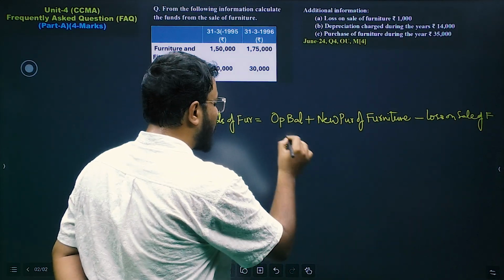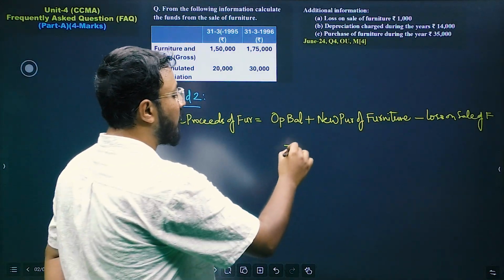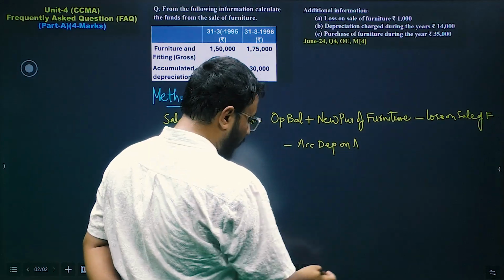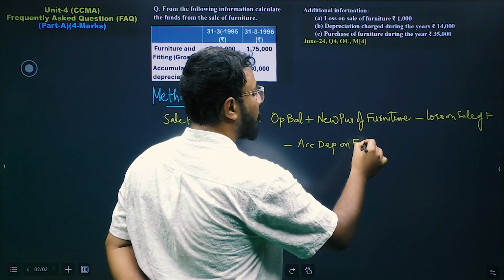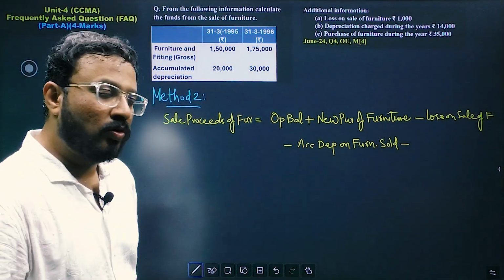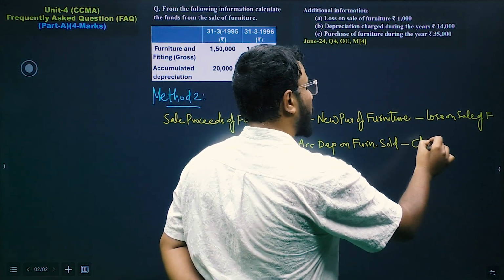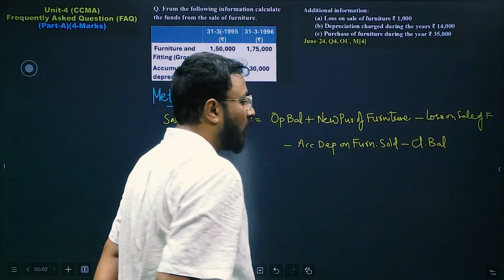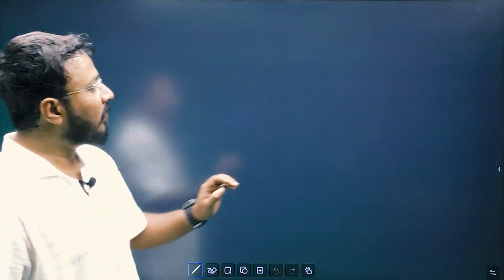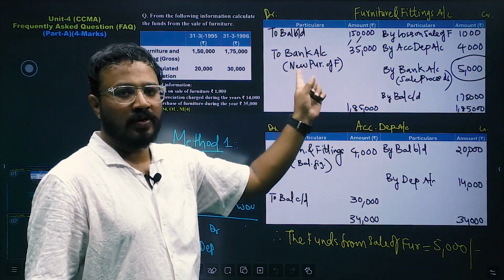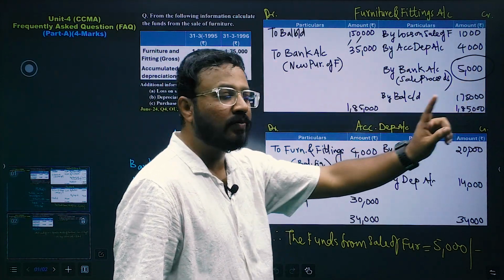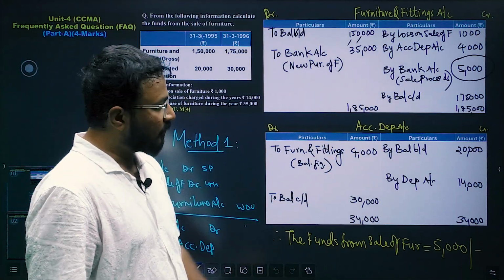We have also minused accumulated depreciation on assets sold, on furniture sold, and we have also minused closing balance of furniture. Right? చూసుకోండి, డెబిట్స్ లో ఉన్నవన్నీ యాడ్ చేస్తున్నాం. Whatever I have written on the debits, opening balance plus new purchases minus loss on sale of furniture minus accumulated depreciation minus closing balance. Right?